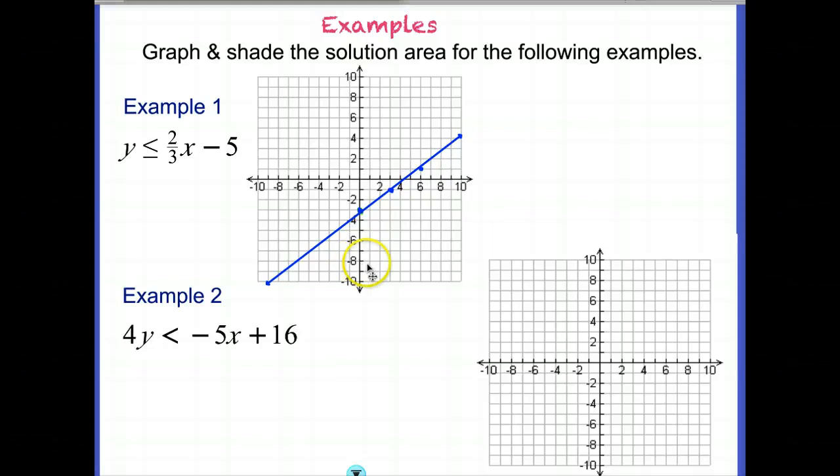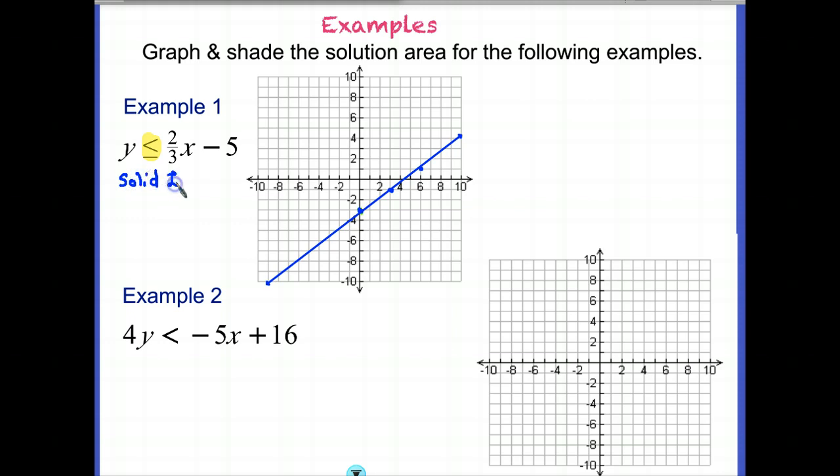And actually, let's go back. If you'll notice, I drew a solid line. The reason that I drew a solid line is what we stated earlier. The example has a less than or equal to. And anytime you have the or equal to with the line underneath, that means that you would have a solid line.